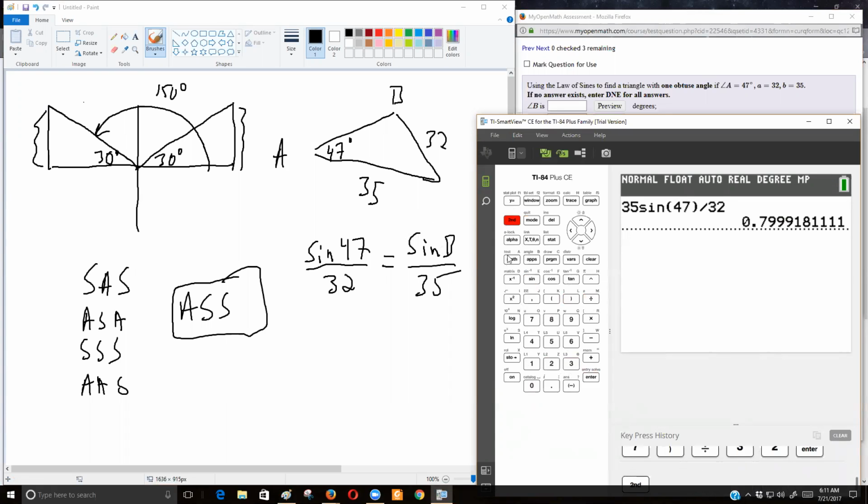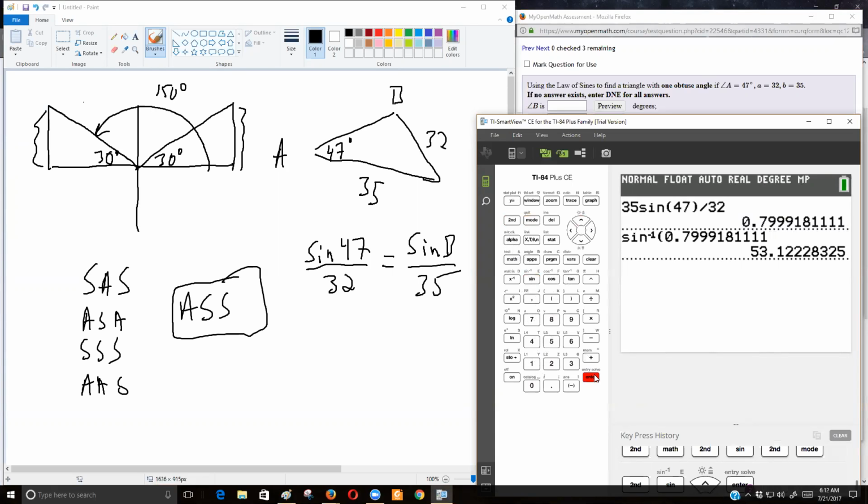So to find the angle for B, I take the arc sine of that. Second, arc sine, and because this calculator will let me, I'll press my up arrow and press enter. It tells me it's a 53-degree angle.